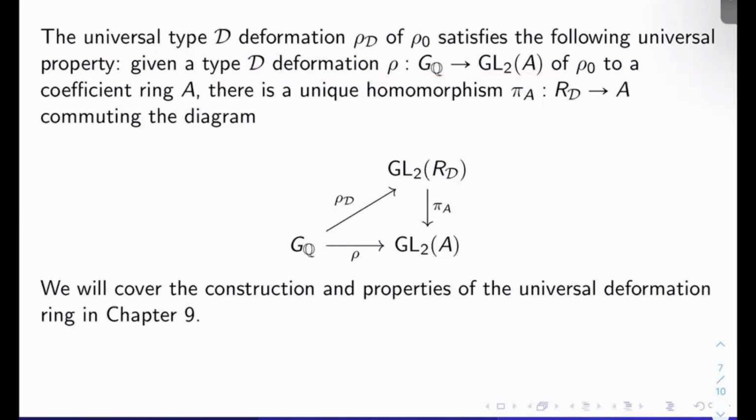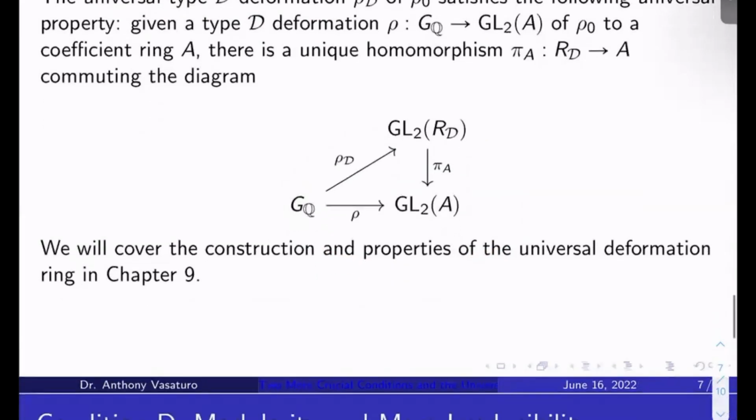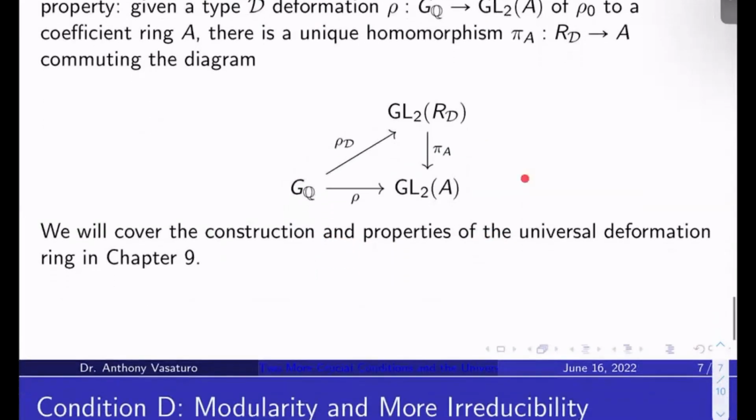There will be a unique ring homomorphism π_A from R_D to A, which extends, of course, to a unique ring homomorphism GL₂(R_D) to GL₂(A), just by looking at entries. That homomorphism π_A, I want it to commute this diagram, and it will. So what's going on here is you've got your given ρ₀ sitting at the bottom.